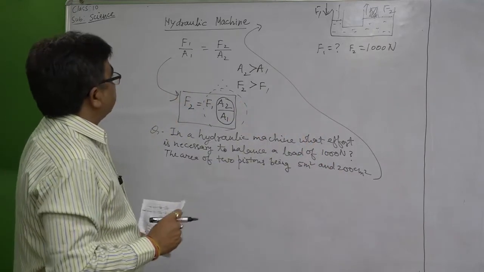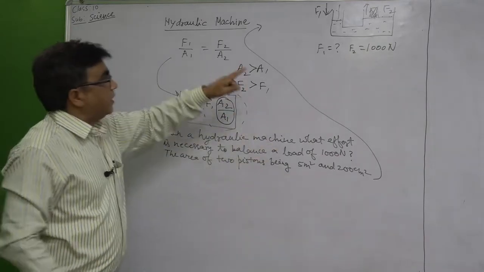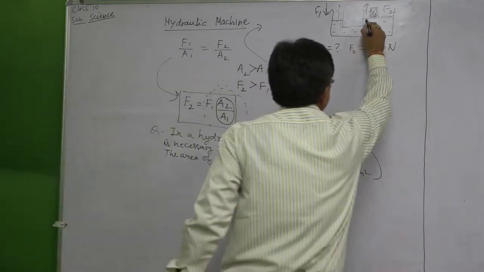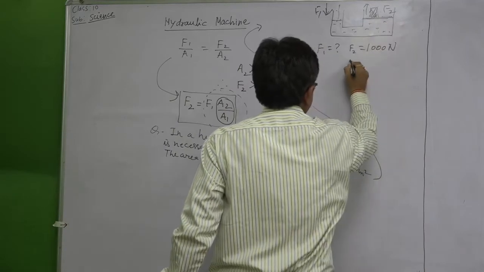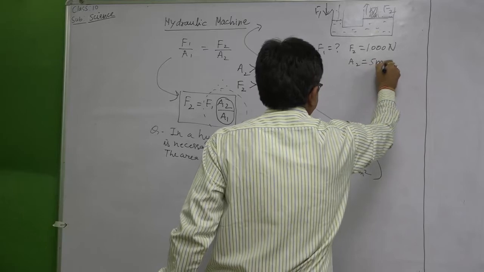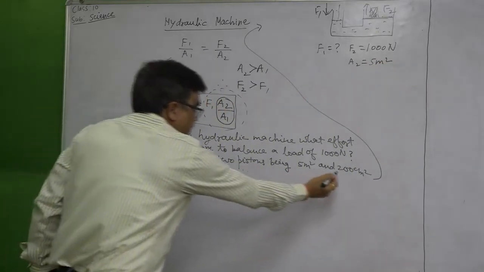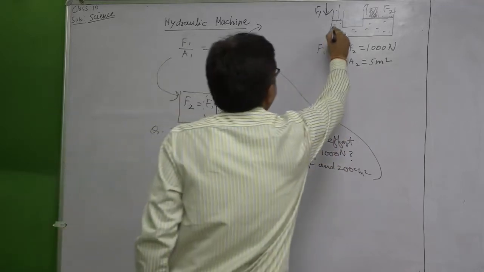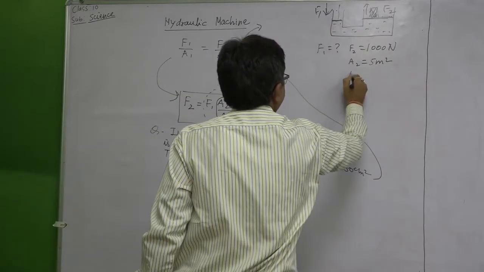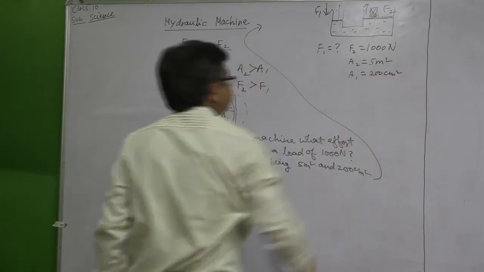So the area of the larger piston, A2, is 5 meter square, and 200 centimeter square is the area of the smaller piston, A1.